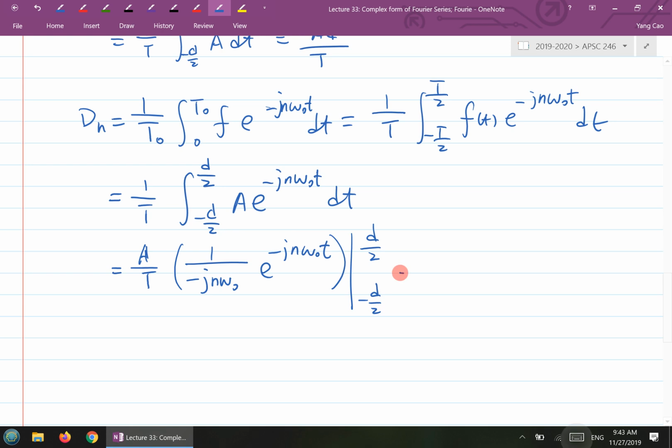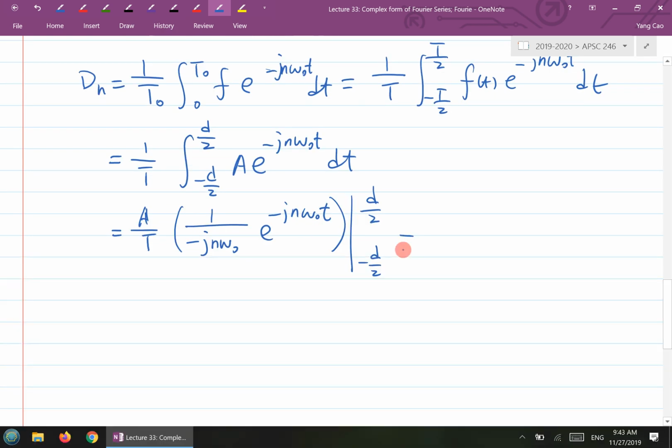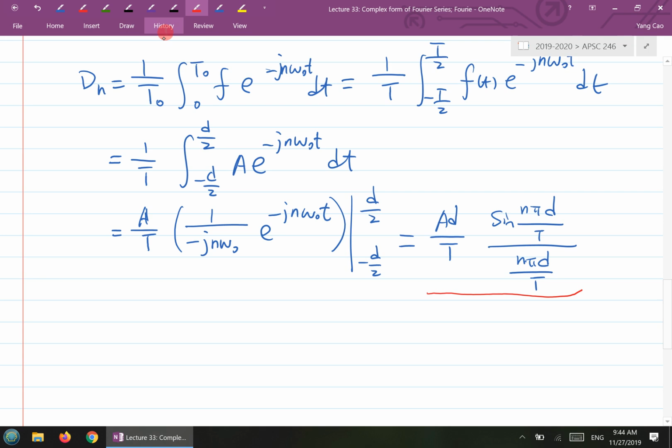I want you to simplify it yourself here. Once you do that, the result turns out to be a real number instead of a complex number. So amazingly, it's actually real. The dn here is always real. That's a very special case, since dn in general should be complex.